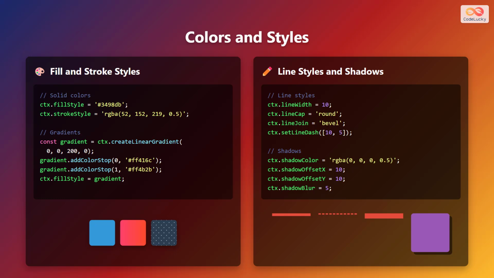Example code for line styles and shadows: context.lineWidth equals 10, context.lineCap equals round, context.lineJoin equals bevel, context.setLineDash 10, 5, context.shadowColor equals rgba 0, 0, 0, 0.5, context.shadowOffsetX equals 10, context.shadowOffsetY equals 10, context.shadowBlur equals 5.